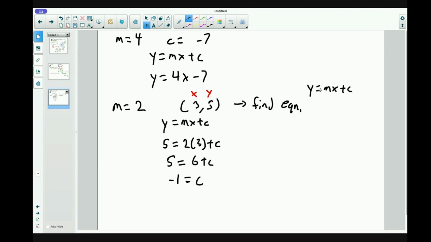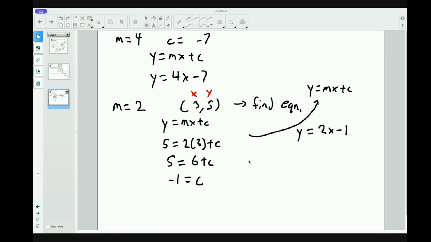Substituting this back into our general equation, we can come up with the equation y is equal to 2x minus 1. Hopefully we're feeling not too bad about that type of question. Do we have any problems with finding any of those?